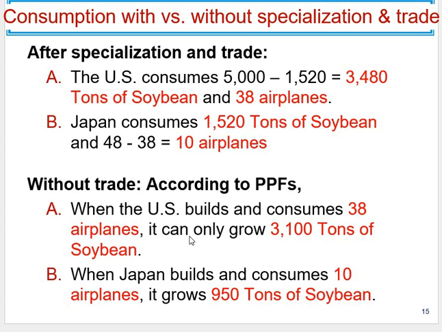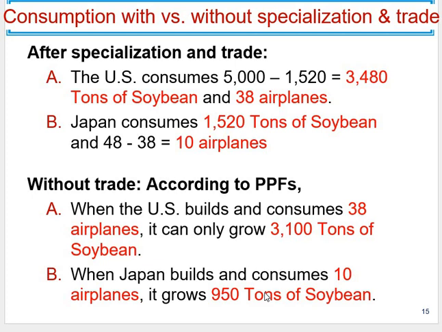However, with trade, Japan still keeps 10 airplanes, but the US pays Japan 1,520 tons of soybeans, which is much more than the no trade situation, than the autarky situation.